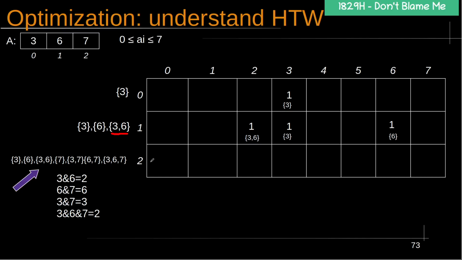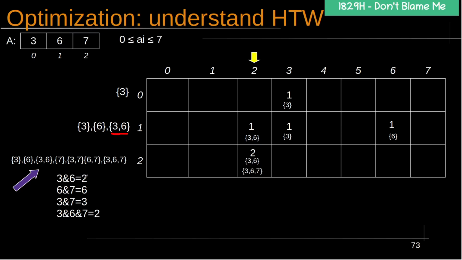How many subsequences in these have their bitwise AND equal to 0? None. Equal to 1? None. Equal to 2? We have 2, which are 3, 6, and 3, 6, 7.